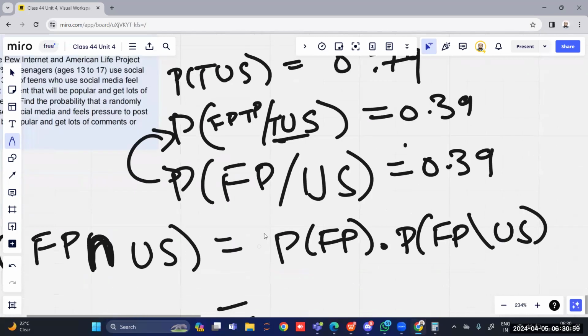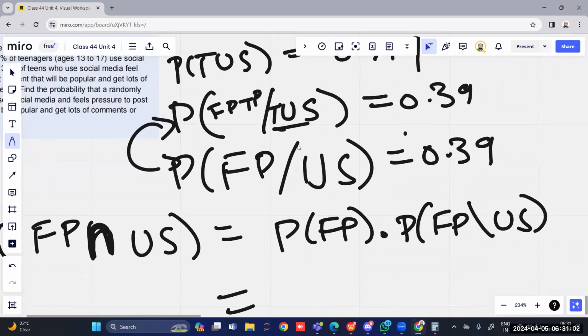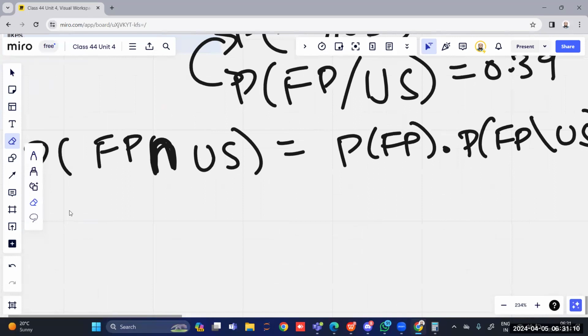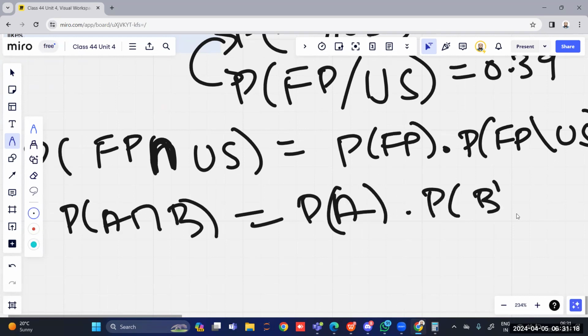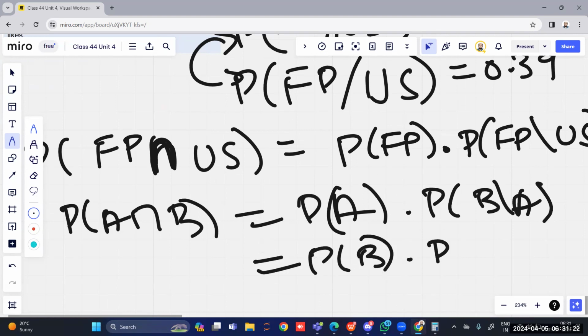First of all, I need to clear what he has given. Probability of A intersection B can be written in two ways: probability of A times probability of B given A, or probability of B times probability of A given B. Anything you can do.